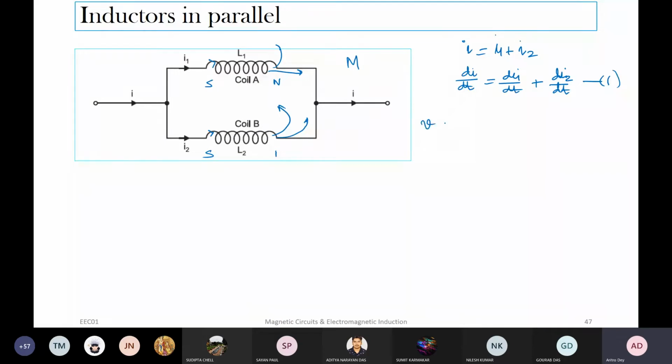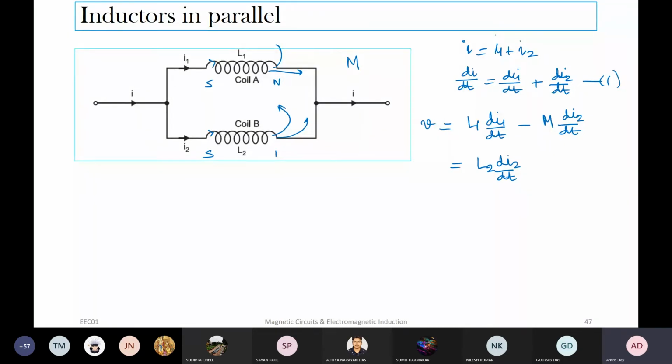Then we can find out the drop across it. Drop is equal to L1 into di1 dt minus M into di2 dt. Similarly, L2 into di2 dt, sorry, it should be the other way around. It should be opposing.